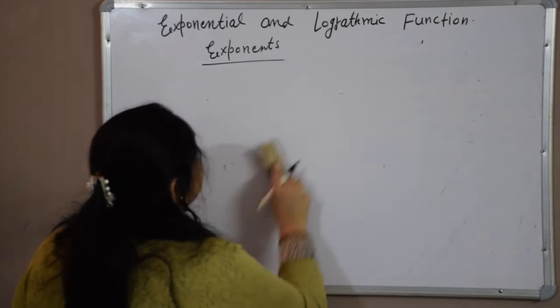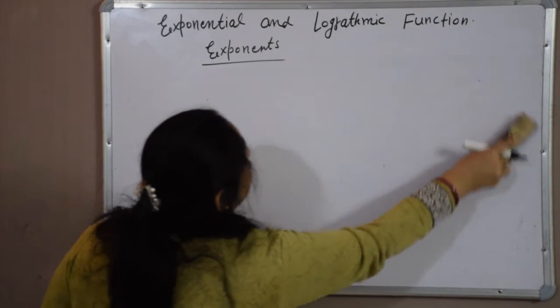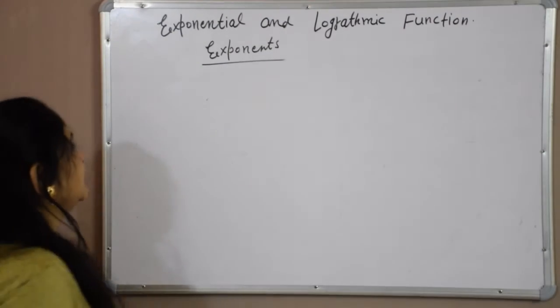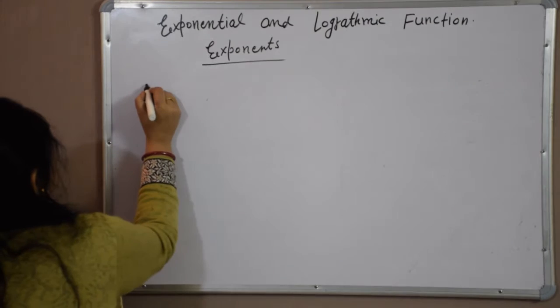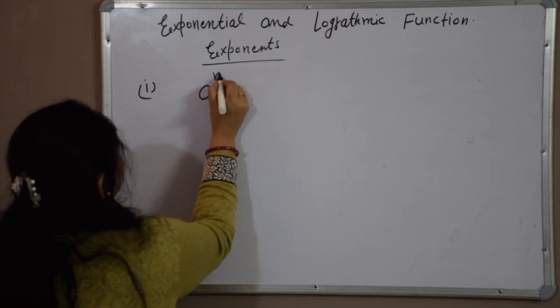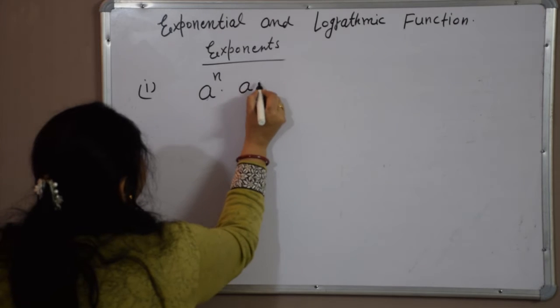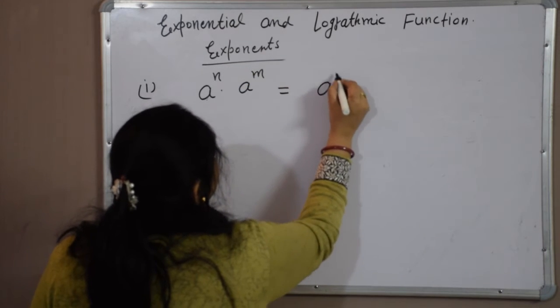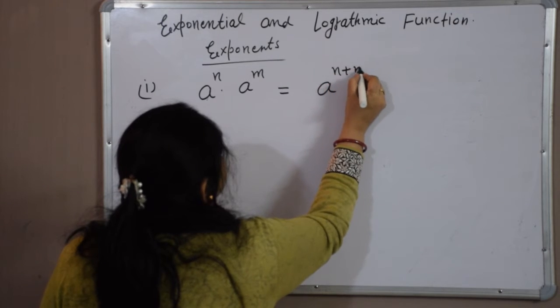Now there are certain properties of exponents, with which we can solve questions in a very easy manner. First property: we have a raised to power n into a raised to power m, that is always equal to a raised to power n plus m.